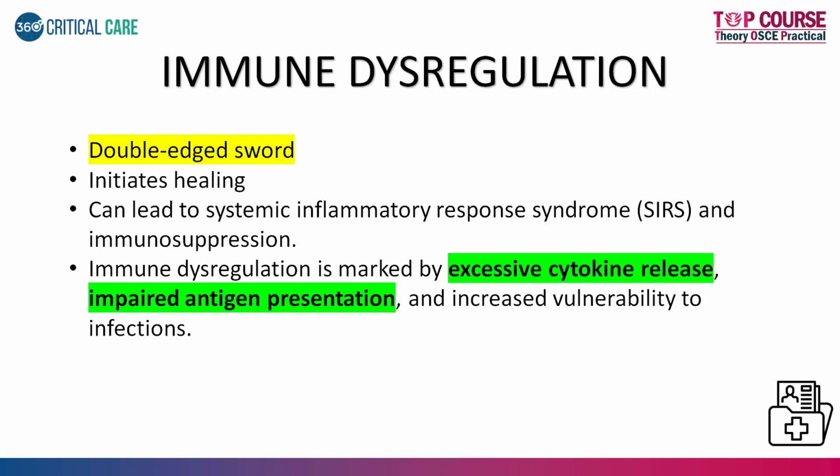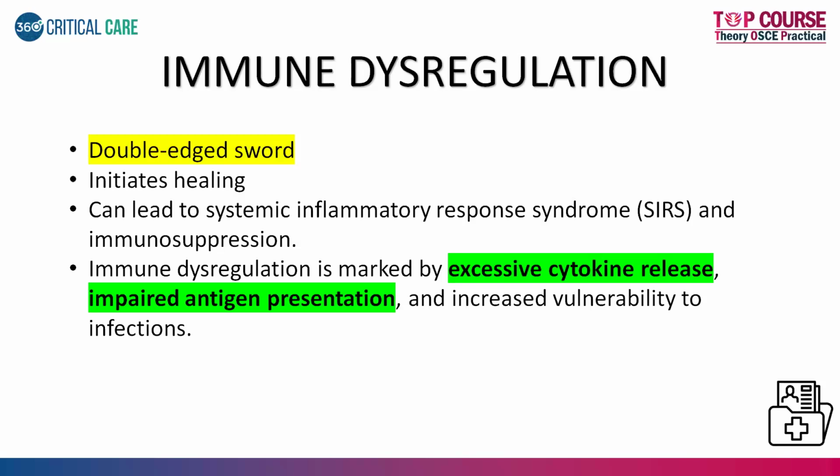There might be a lot of pro-inflammatory markers in the initial phase, which can cause damage, like what I was mentioning earlier, that is your burn shock. But if your resuscitative efforts are okay and you have taken out the inciting factor or the cause of the burn, be it thermal, chemical, etc., probably you can reduce the inflammation, and then we can switch over from injury to healing phase.